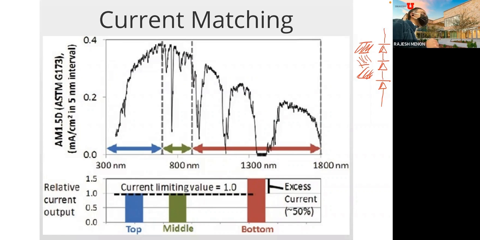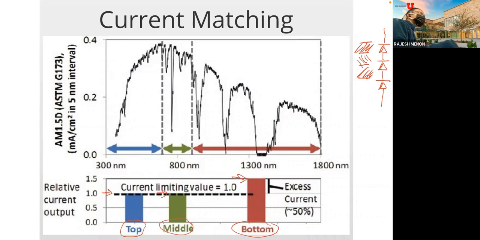And the current now is limited by your poorest performing diode or poorest performing solar cell. So an example is shown in the bottom here, that I have a top cell, which is producing some current of 1 arbitrary unit. I have a middle cell that's producing roughly the same, which is good. So they match. But I have a bottom cell, which is producing a lot more.